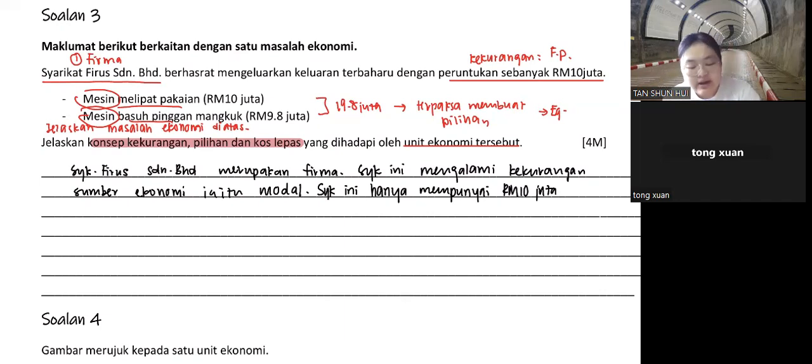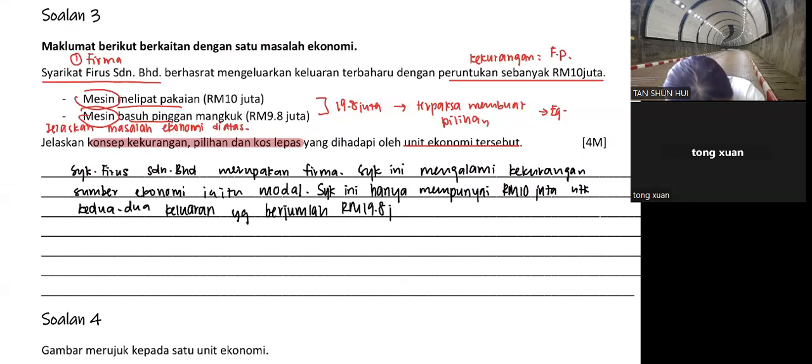They only have 10 million untuk kedua-dua keluaran yang berjumlah 19.8 juta. So what happened? Syarikat ini terpaksa membuat pilihan.